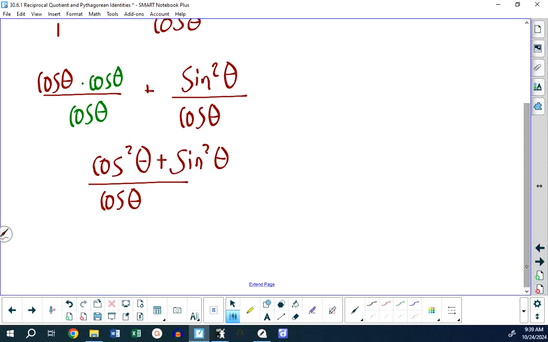The numerator of this is 1 because of what I call the famous Pythagorean identity relating sine and cosine of angles. So this is 1 over cosine, which is going to give you, if you want to write it as a single trig ratio, secant of theta. Either one of these is acceptable.